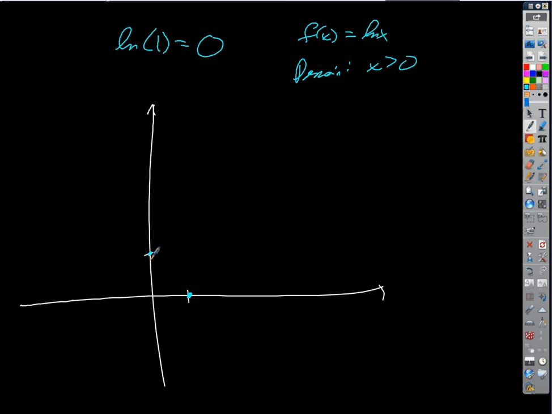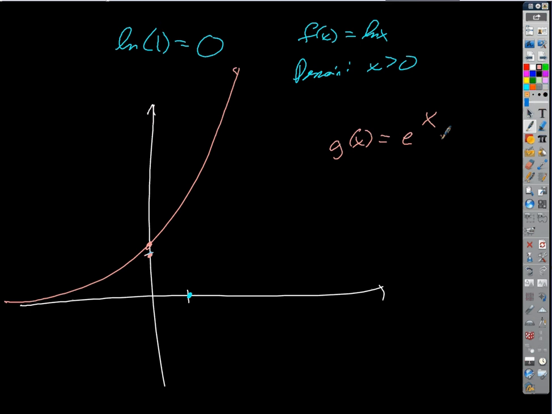I missed the point, but you get the idea. So that's the graph of the function, call it g of x, equals e to the x. Remember this stuff?